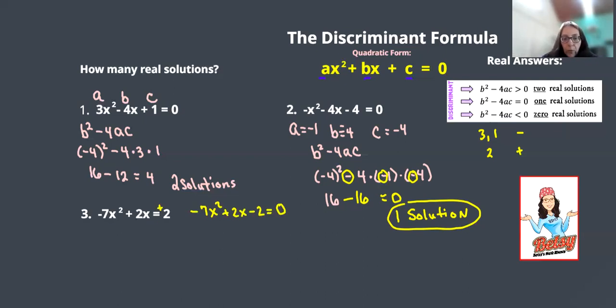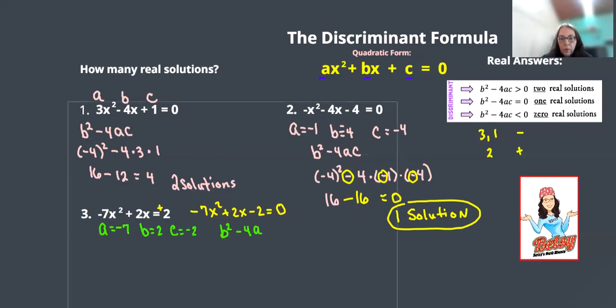All right, now let's take a look at what A, B, and C are. I'm going to change my color again. I like to use different colors. So A is -7, the number in front of the x squared. B is 2, and C is -2. B squared minus 4AC.